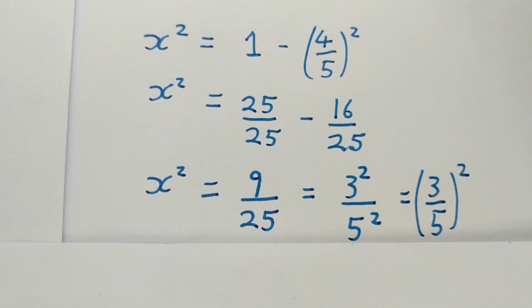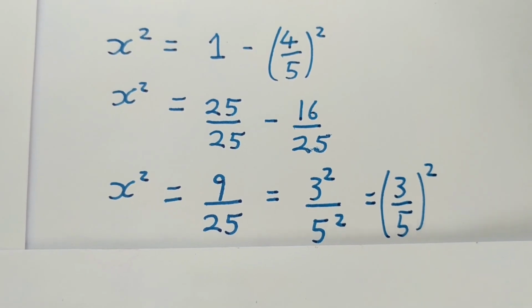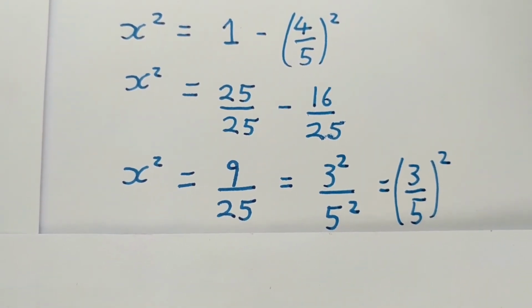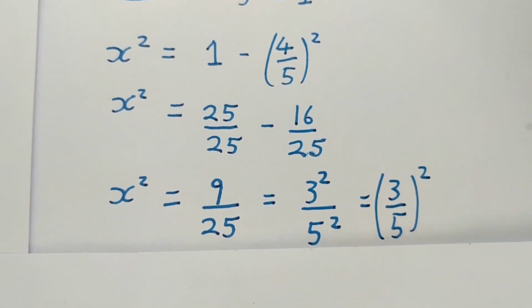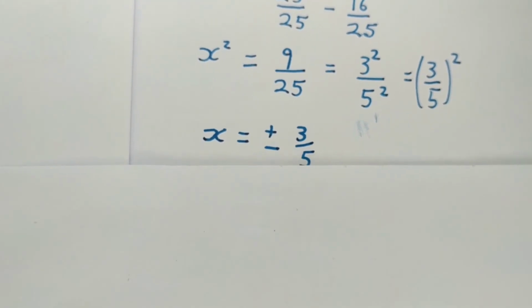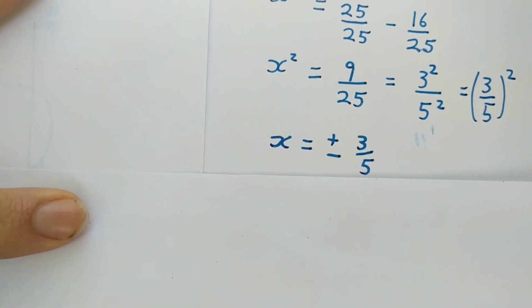Well, that works out very well, because that's equal to 3/5 squared. So x squared is 9/25. Then we can determine that x is just the square root of that, which is plus or minus 3/5.